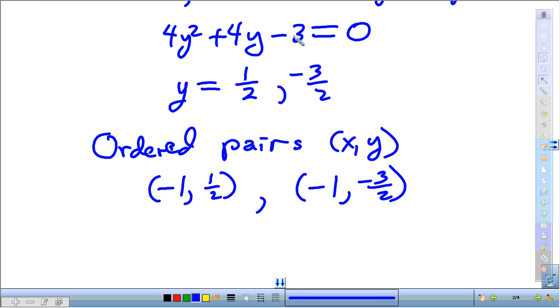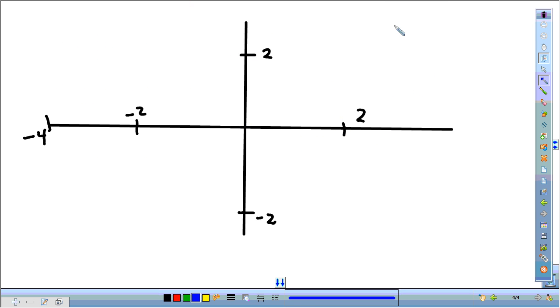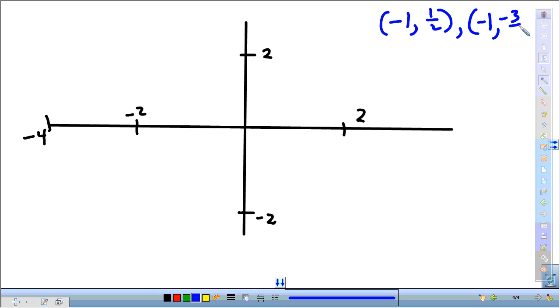Sometimes with substitution, we can't solve the equation. In this case I could. It was a quadratic. Now if we take those solution values, minus 1, 1/2, and the other one minus 1, minus 3/2, we can plot those points on a graph.